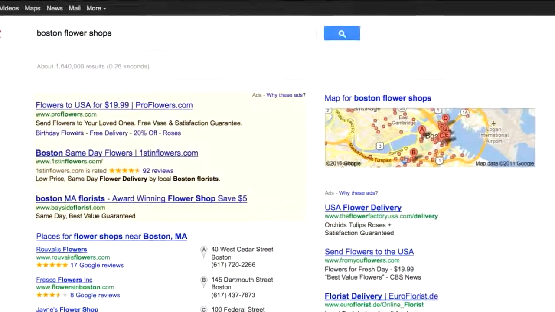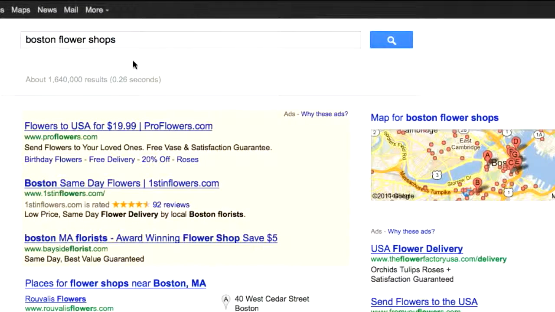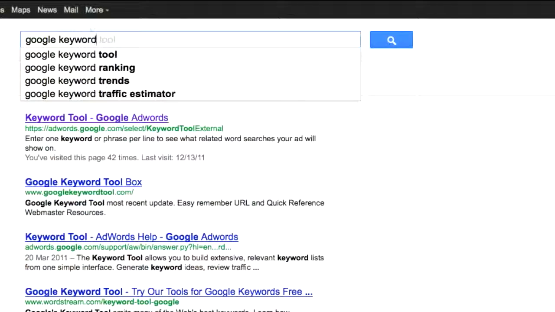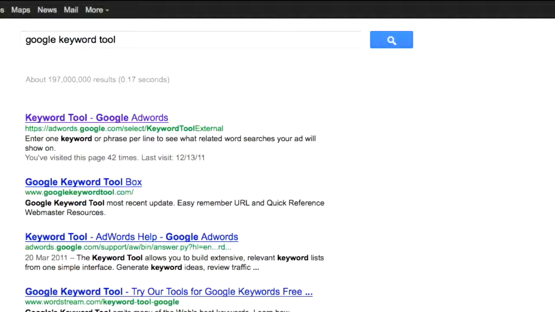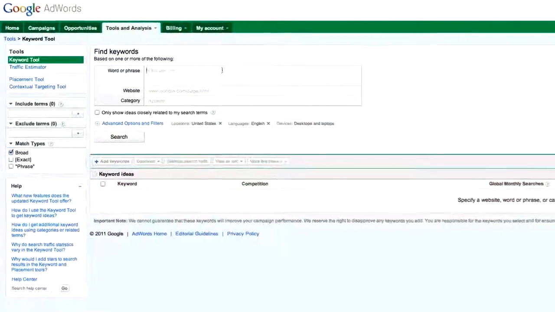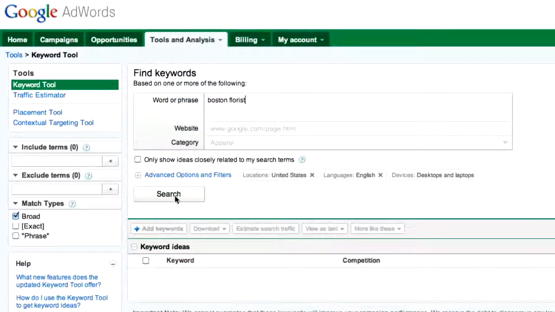So, now that we have a general understanding of how powerful keywords are, what do we do about it? This is where the Google AdWords keyword tool is so vital for the next step. With this keyword tool, in fact, to find it, let's Google it. Okay, here we are at the opening interface of Google AdWords. Let's say we're this florist in Boston, so let's start with the words Boston florist.